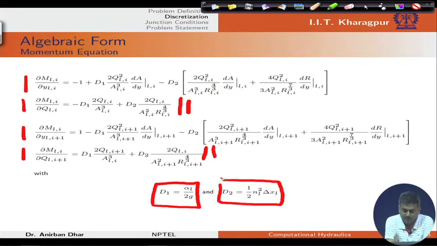These are constant terms corresponding to the lth channel, because alpha L, N L, delta X L are parameters which are dependent on our channel reach.